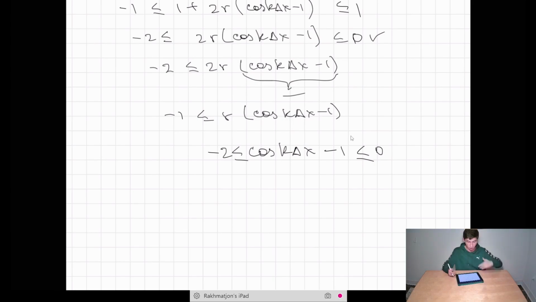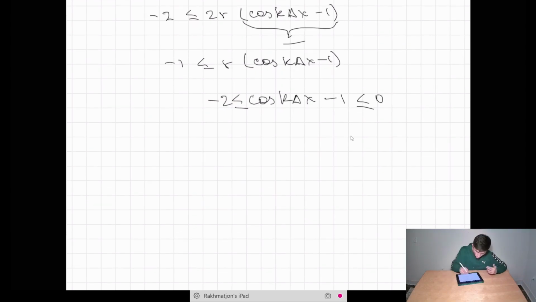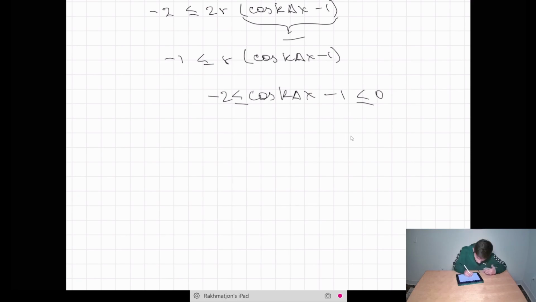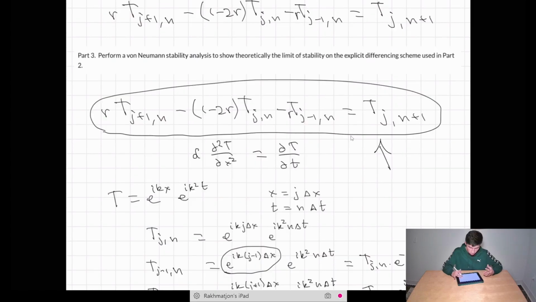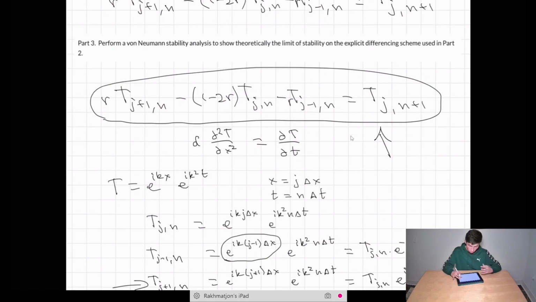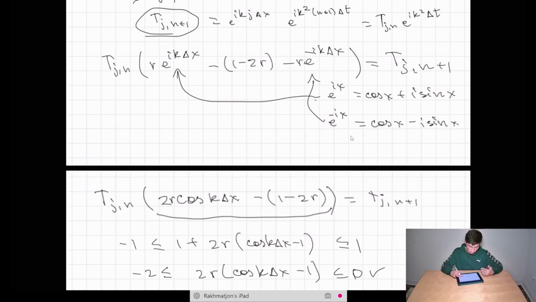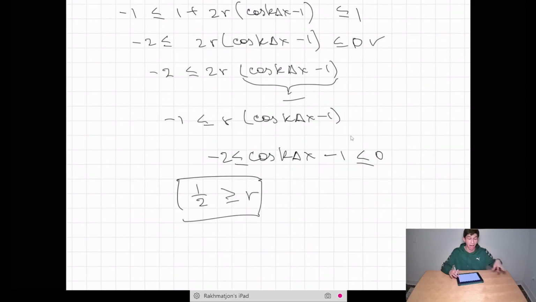We're trying to find the upper limit, so if we divide by negative 2, the sign changes, and we can find this relationship. So the Neumann stability analysis now theoretically proves that if we use the explicit differencing method, our r is restricted to be smaller than 0.5.